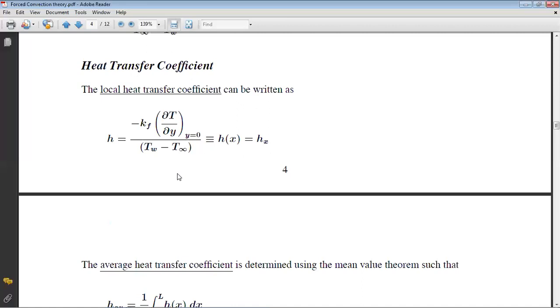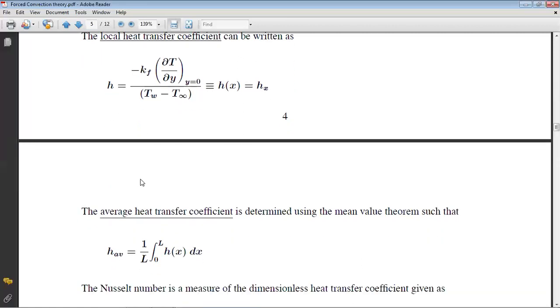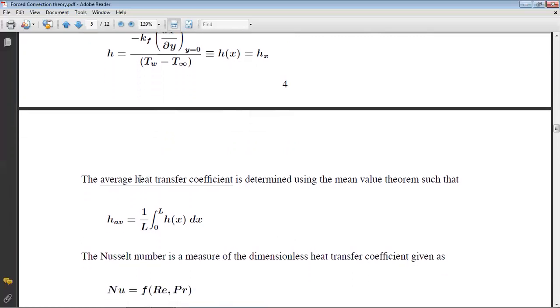If you take the ratio, you will have the value of H. Then the average heat transfer coefficient along the length is nothing but the integration of H with respect to the length.